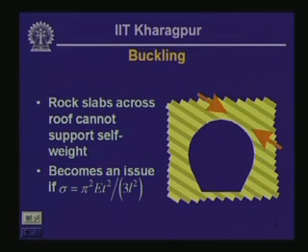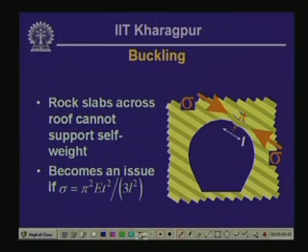So, we are looking at the same tunnel as in the previous case, and here again I have marked the direction of the major principal stress by thick orange arrows. It is quite obvious then that as soon as the tunnel opening is made, the slabs are going to buckle in that manner because of the removal of confinement near the top right portion of this particular tunnel.